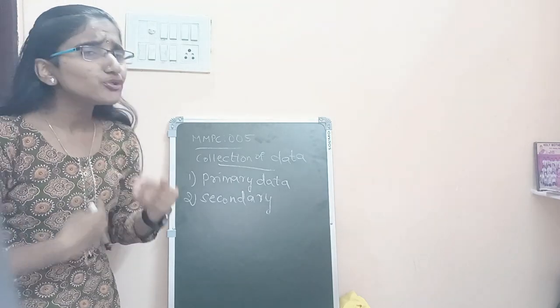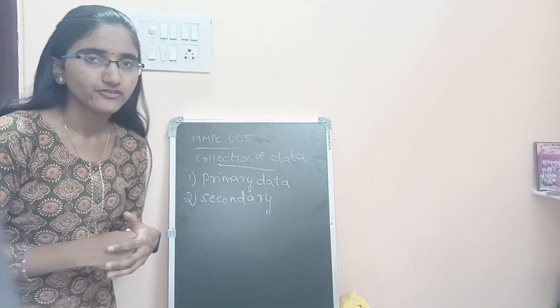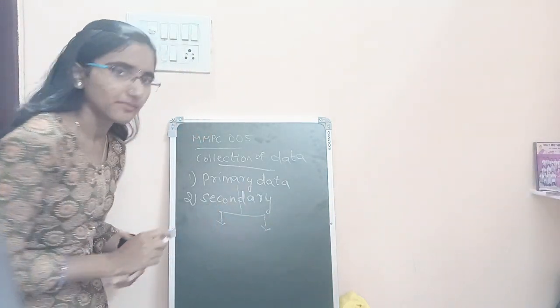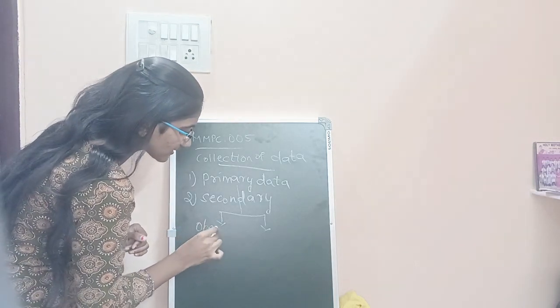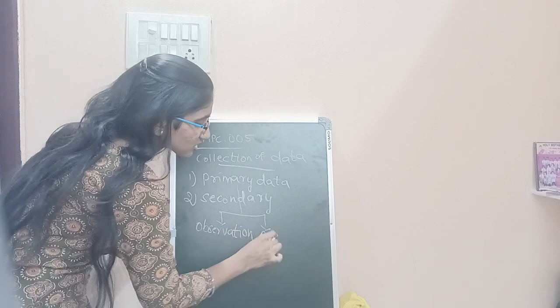Now, how do we collect the primary data? Are there any methods? Obviously. We have two different methods of collecting primary data. The first method is the observation method and the second method is the questionnaire.